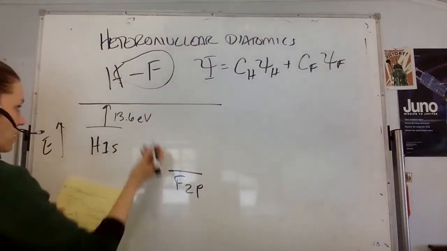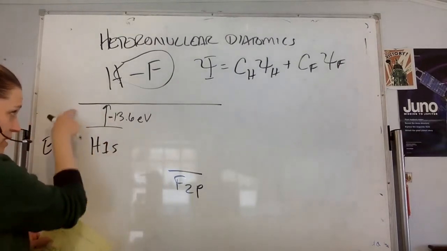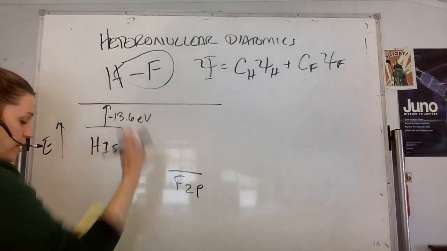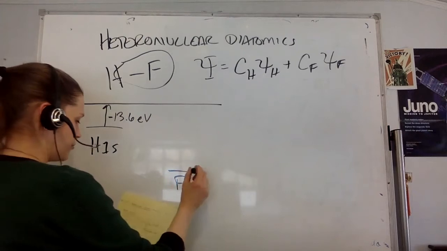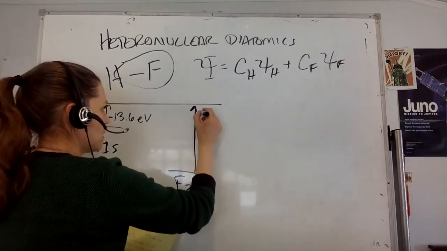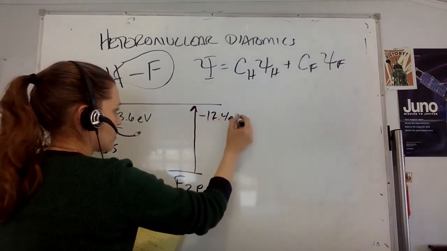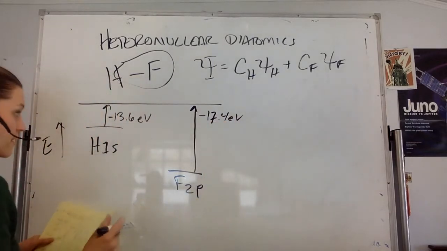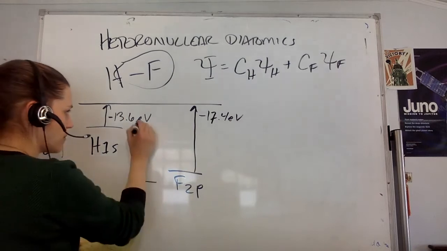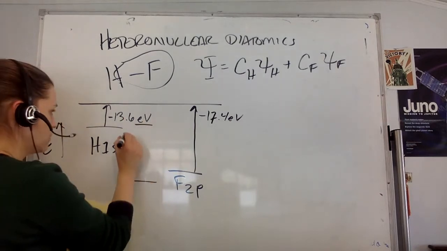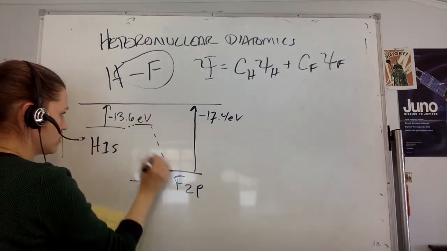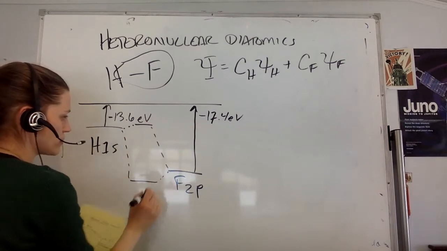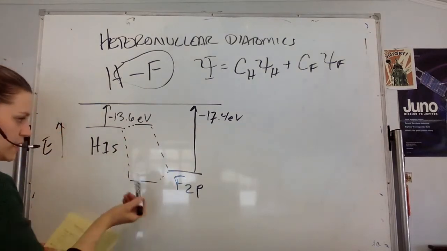Okay, here, actually I'm going to put a minus sign because this is down from that value. But the F2p is minus 17.4 electron volts, which would be a 7 eV difference. Such that if you were to create the molecular orbitals, you would have something that looks like this.